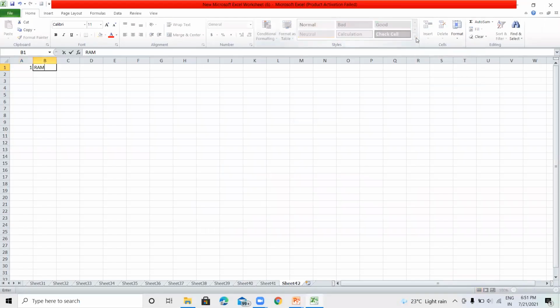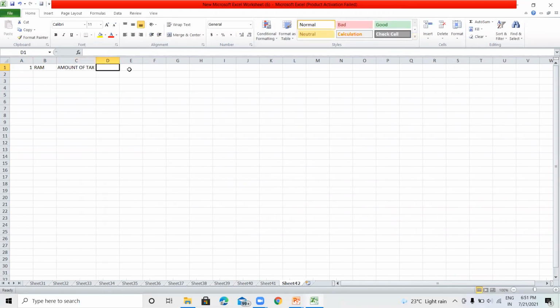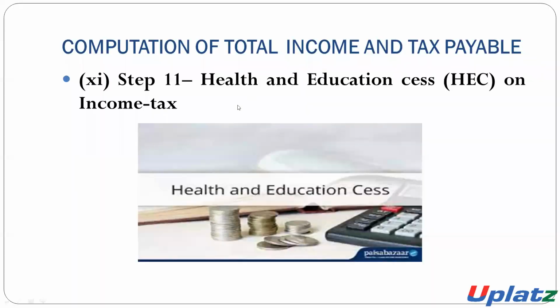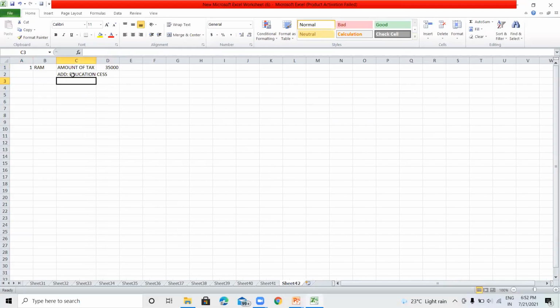For example, there is an assessee, Mr. Ram, whose total amount of tax, for the example, is 35,000 rupees. This is the amount of tax on the income. Now we will add health and education cess.